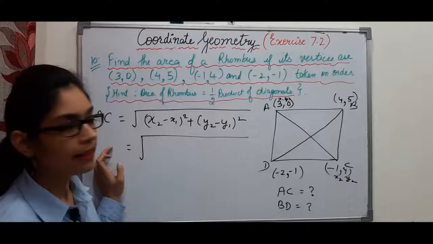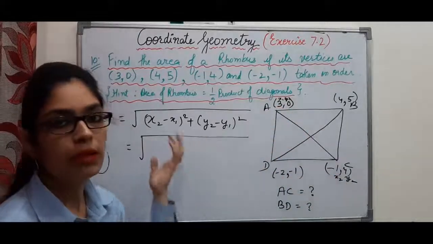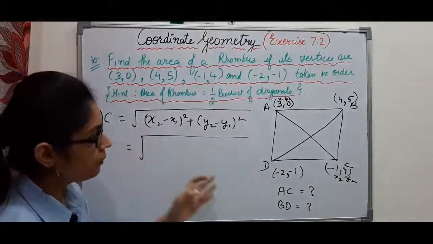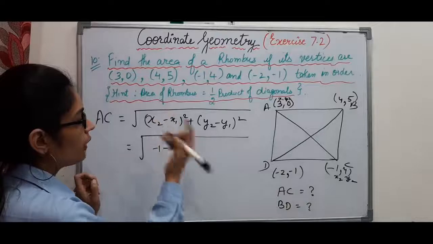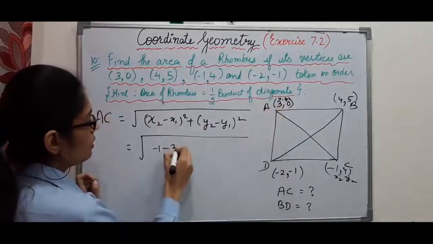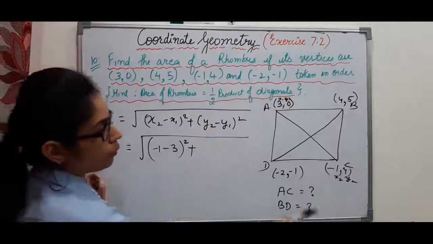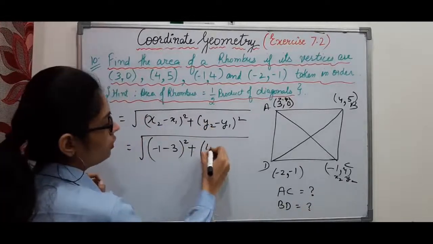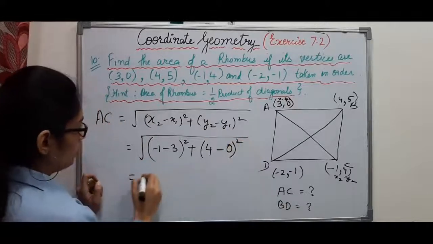We just have to see the values from here and substitute. X2 is -1, minus x1, you can see it is 3, whole square. y2 you can see here it is 4, minus y1 which is 0, whole square.